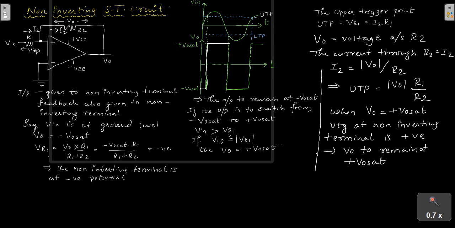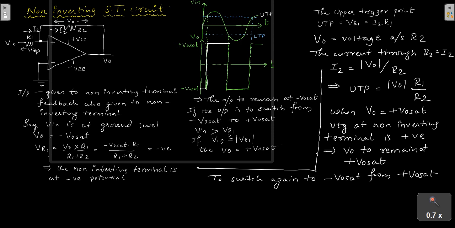Now, to switch again from plus V naught sat to minus V naught sat, you have to bring down this voltage below the ground level, correct or not, right?